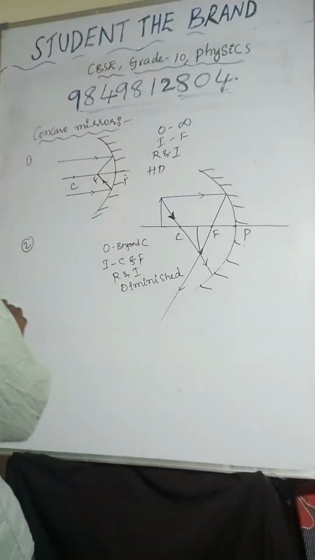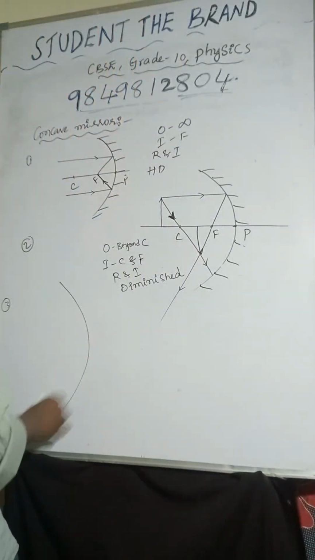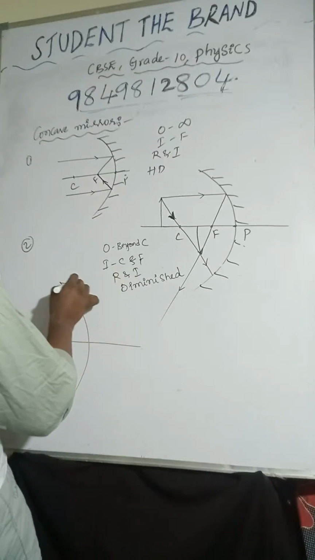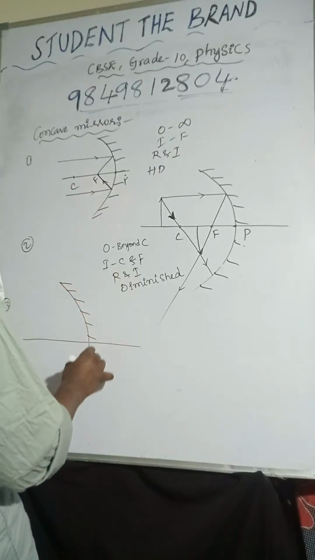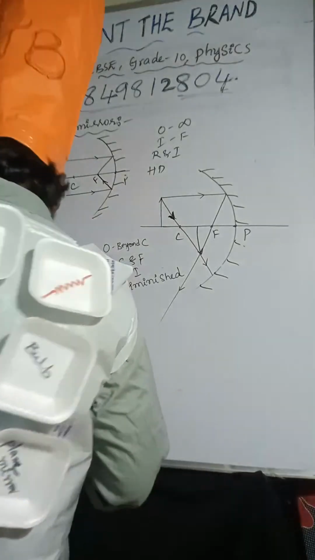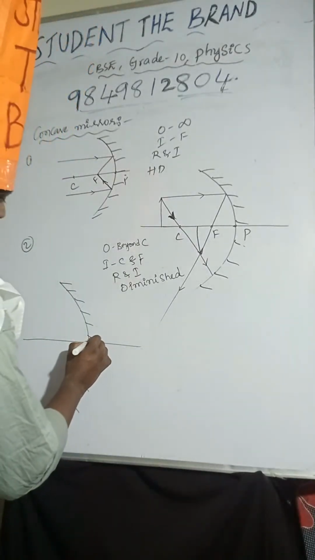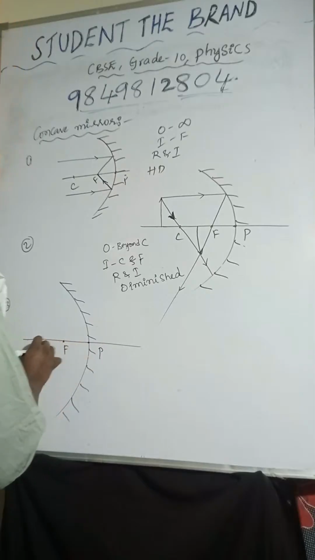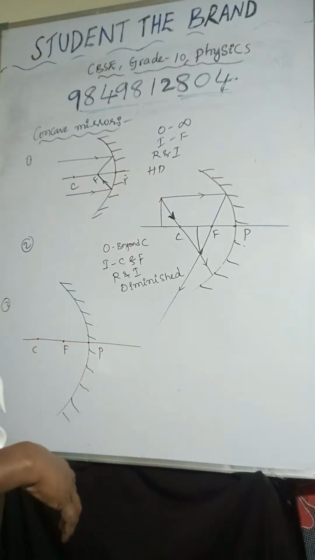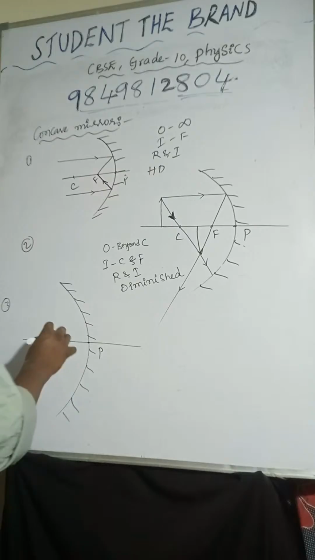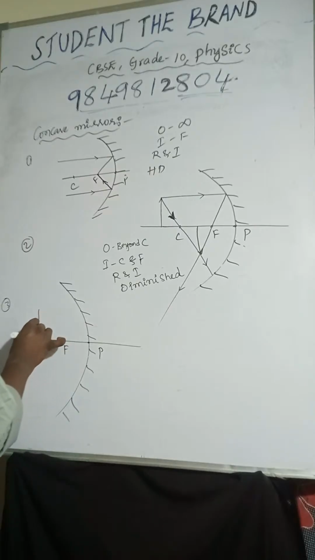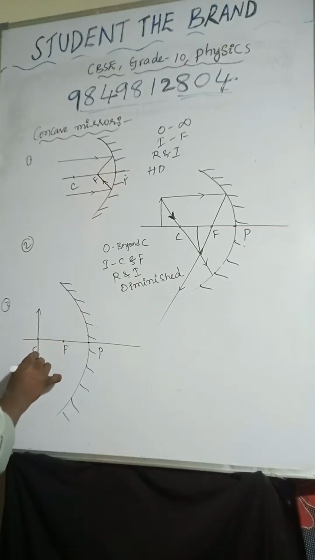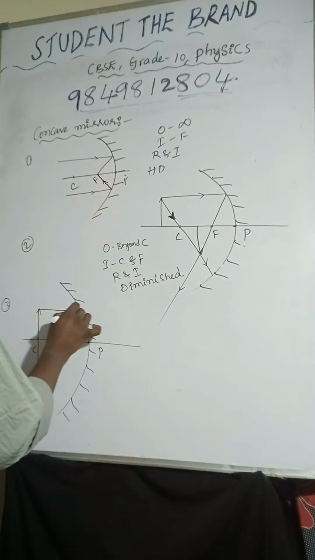Coming to the third one. So pole, focus, center of curvature. Object is placed at C. So image also will form at C. One light ray I am taking like this.